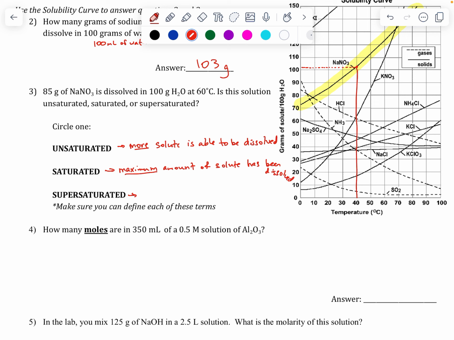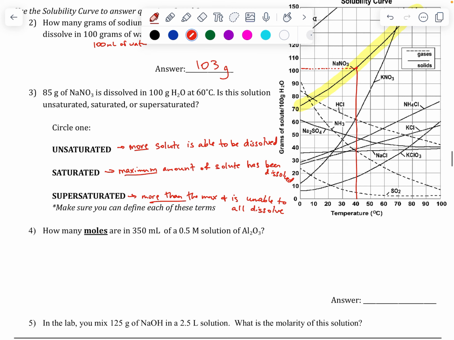And supersaturated is more than the max. Actually, let me reword that. It's more than the max and is unable to all dissolve, so there's some left over. That's what supersaturated means. It's more than the maximum amount able to dissolve.